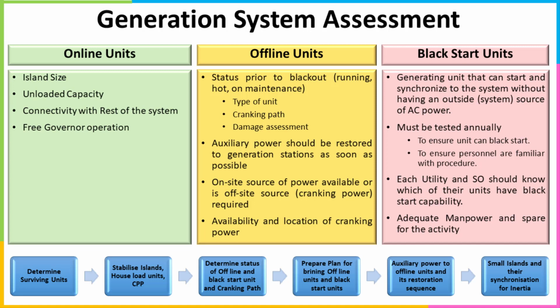You have to have a good procedure in place at the substation as well as at the system operator level on how we can create the islands. Then, the auxiliary supply you want to provide to the offline units, and what the restoration sequence will be: if the unit can be brought back, how you are going to restore the nearby other units. Those plans also have to be prepared.